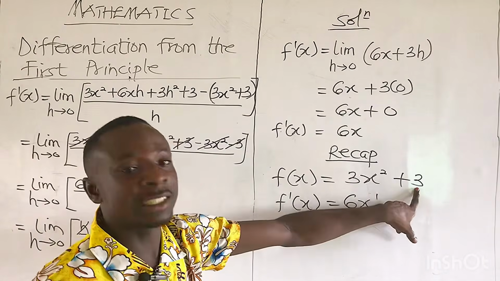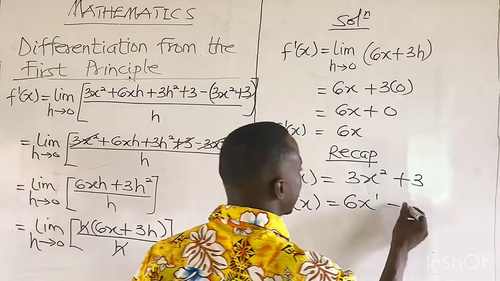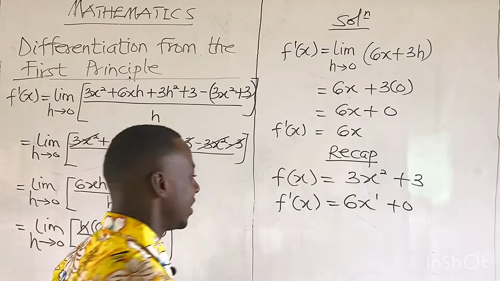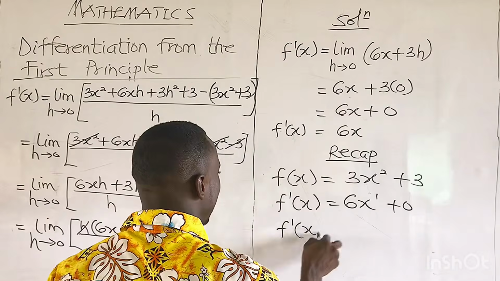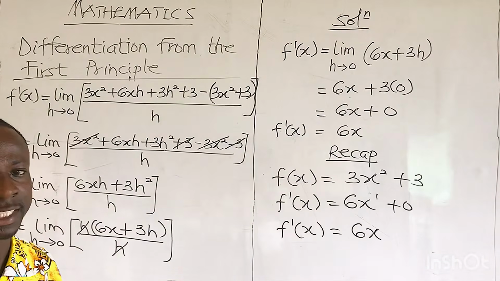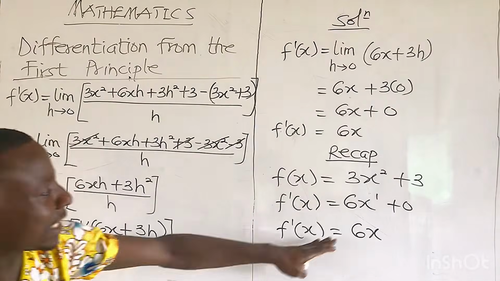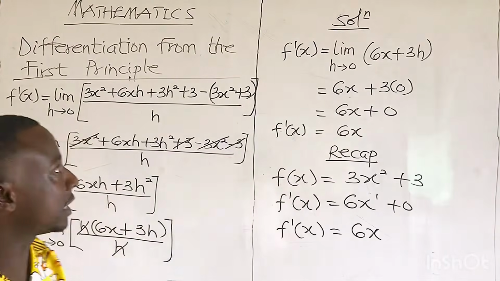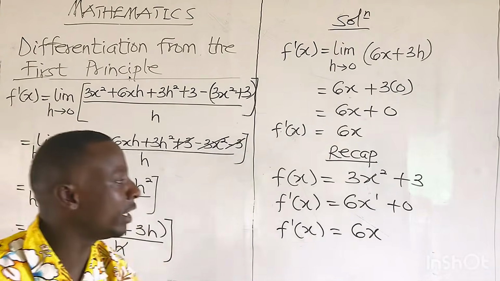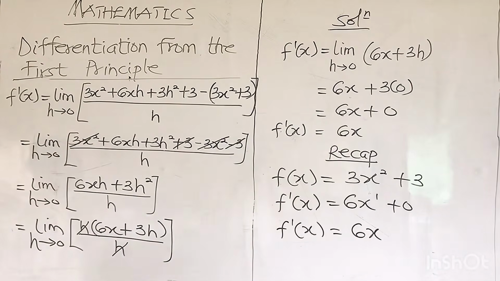And when you differentiate 3, we are still going to get 0 because 3 is a constant. So over here, the final answer is still going to be 6x. So anytime you use differentiation from the first principle, it should be equal to when you are differentiating from the normal perspective.